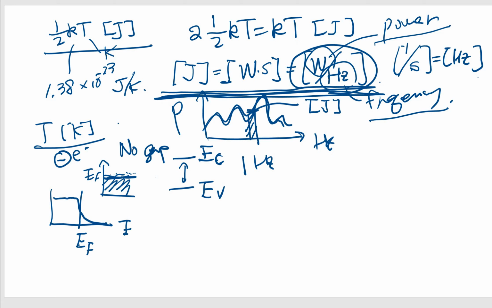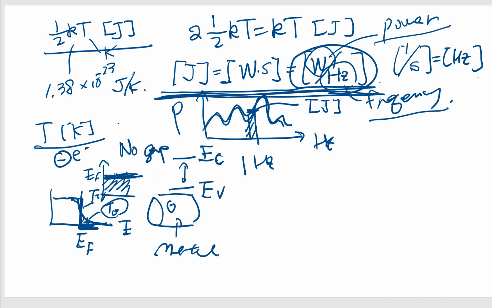At T equals 0 Kelvin, there are no electrons more than Fermi energy, but at finite temperature T, there are some electrons. These electrons move forward and backwards in the metal. This is metal, and electrons go and back.